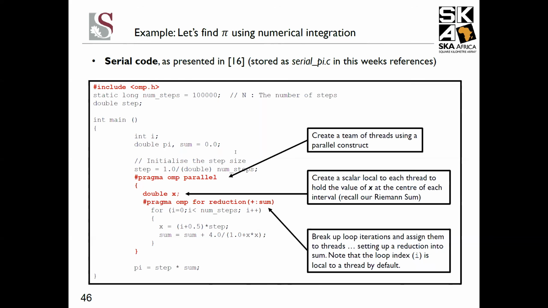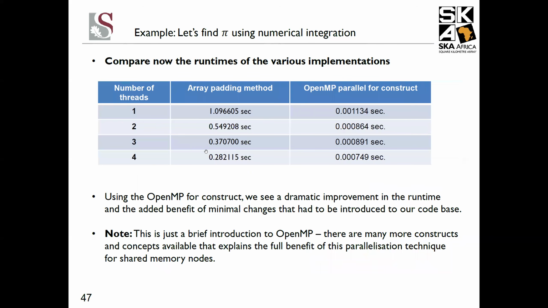So let's look at the runtime results. If I run that code using 1 to 4 threads, I see a dramatic improvement in time. What is a bit interesting is why one thread is faster. It's because I'm working with much more simplified code.